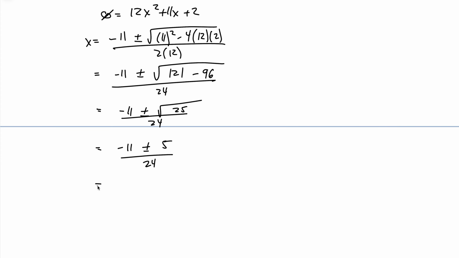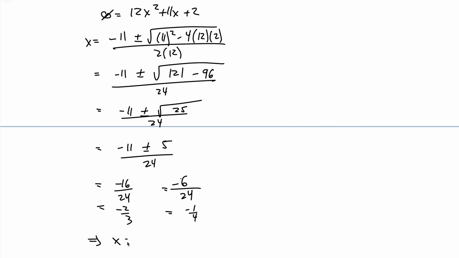What does that tell us? Well, this tells us that I either get negative 11 minus 5, which would be negative 16 over 24, or I get negative 11 plus 5, which would be negative 6 over 24. And we can go ahead and simplify those. That's negative 2/3, and this one is negative 1/4.